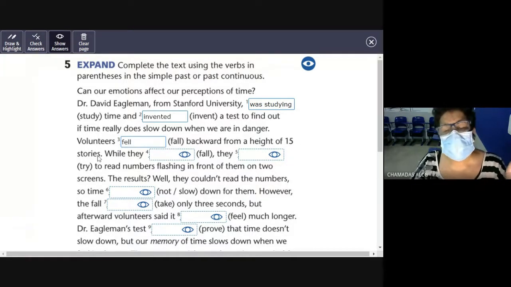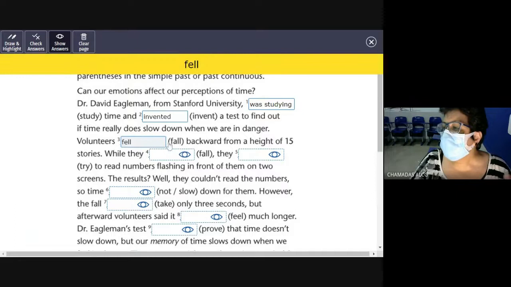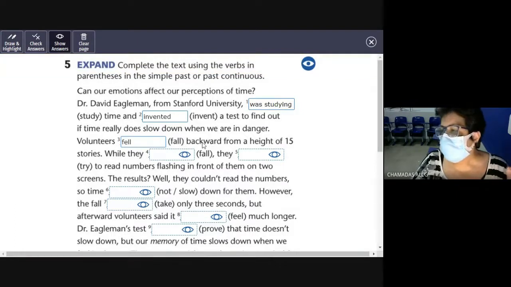Do you know the meaning of that? 15 stories. It's like prédio de 15 andares. Okay? Yeah, that's very high. So they fell backward from a height of 15 stories.